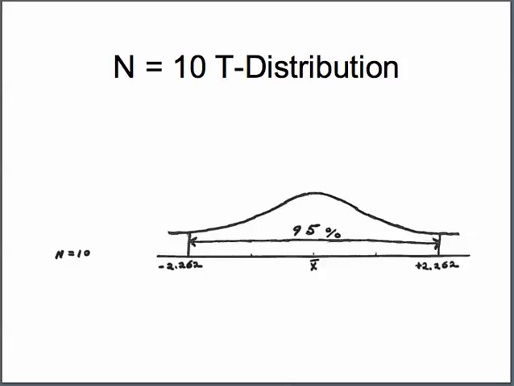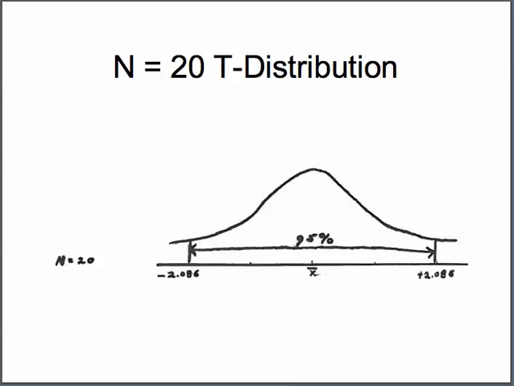The values become potentially less and less extreme as the sample size increases. With a sample size, or n, equal to 10, 95% of all observations are within 2.262 standard deviation units from the mean value. The extreme values are closer to 2 standard deviation units, but not quite there.